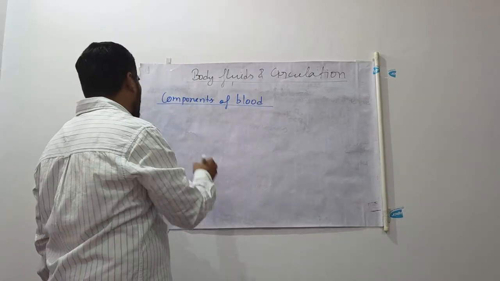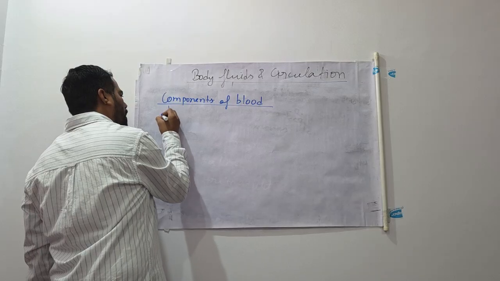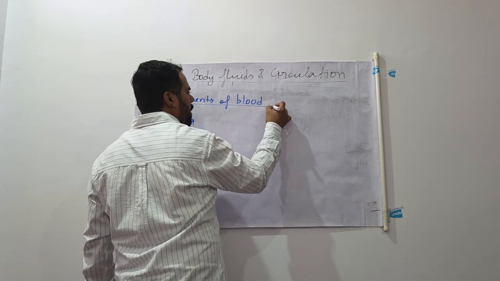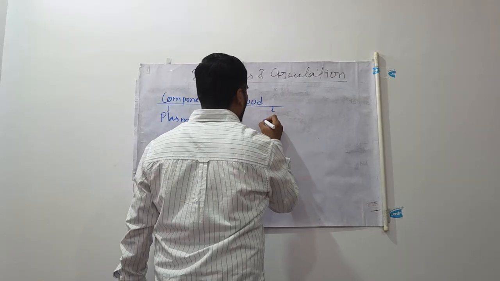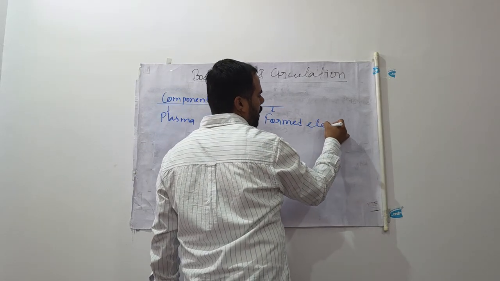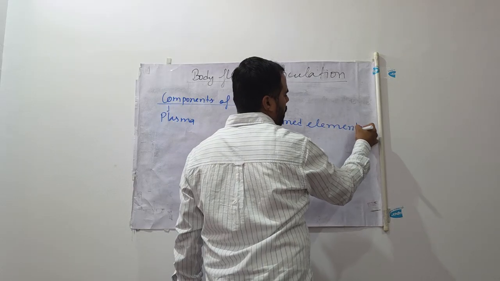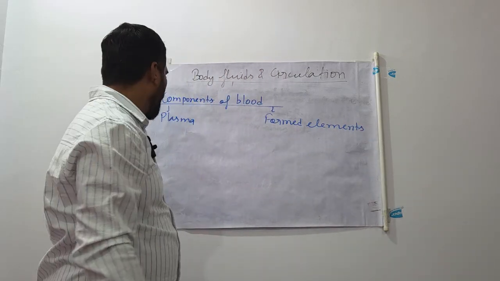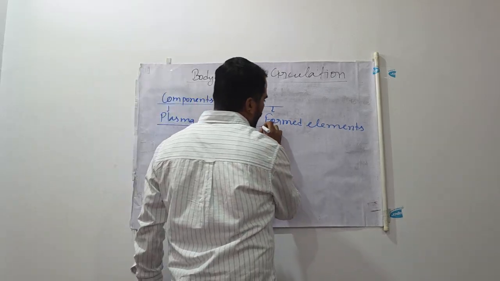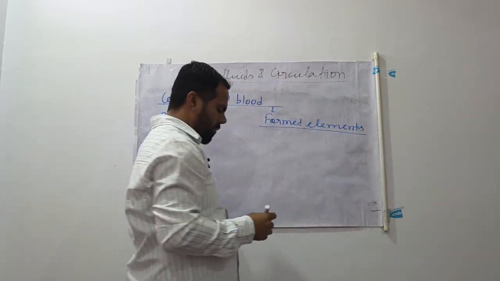These components are blood plasma and formed elements. First, I will discuss plasma, then formed elements.